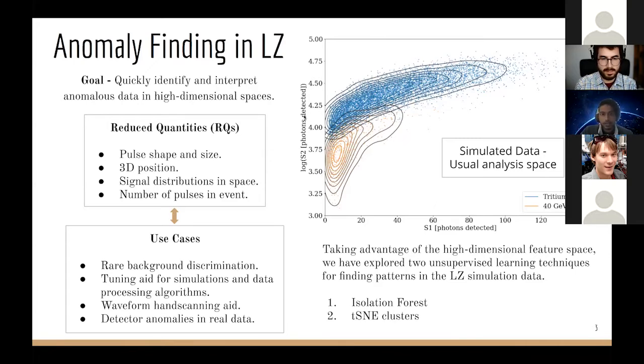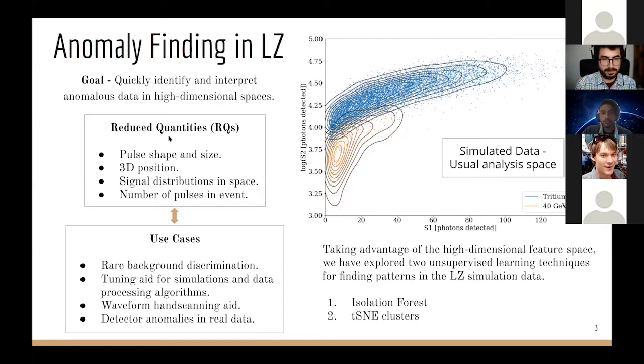But there are many more features that we can use in LZ's data in addition to S1 and S2. So some of these reduced quantities that we can think about using to pick out anomalous data are the shape of the pulse.